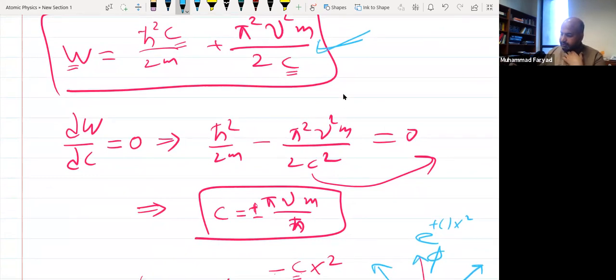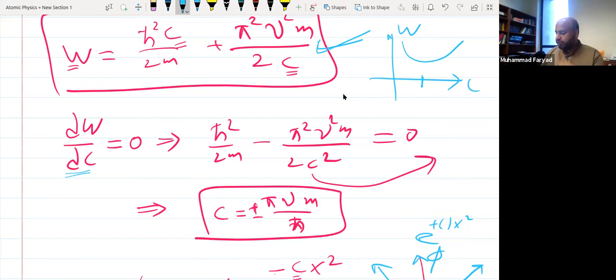So this is done. Does everybody understand this method, that if you have a parameter in a function and you want to find the value of the parameter where your function is minimum or maximum for that matter, you take a derivative and put it equal to 0, and we see that we will get two values.